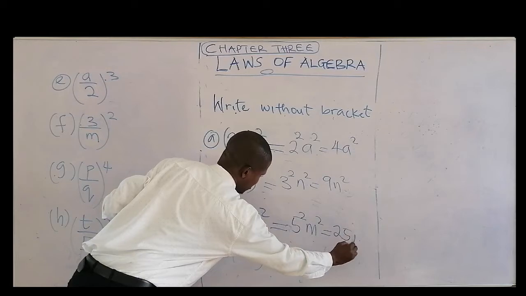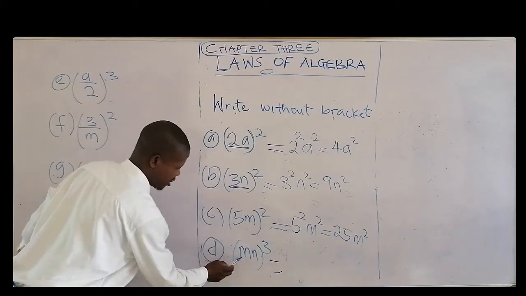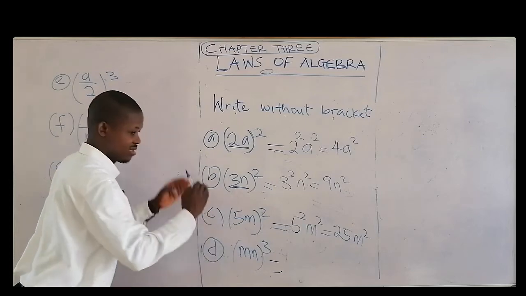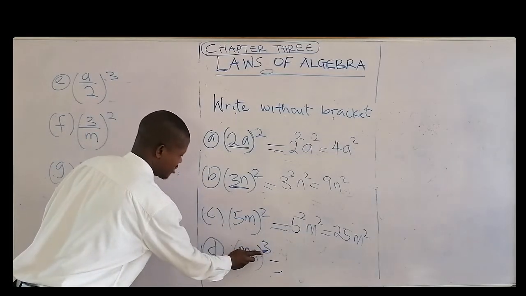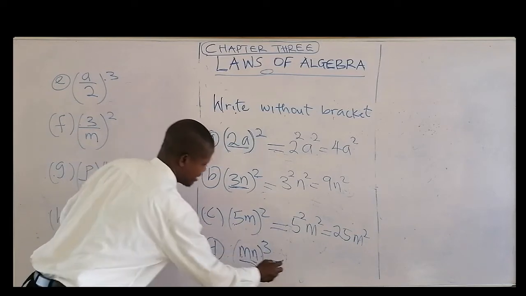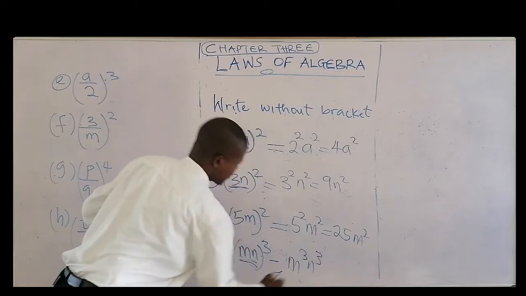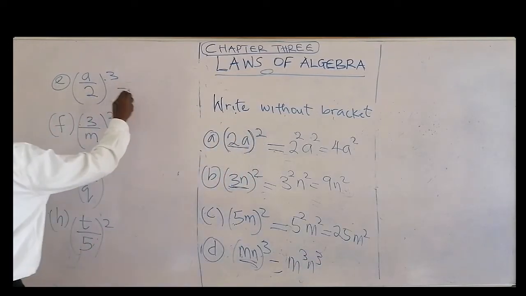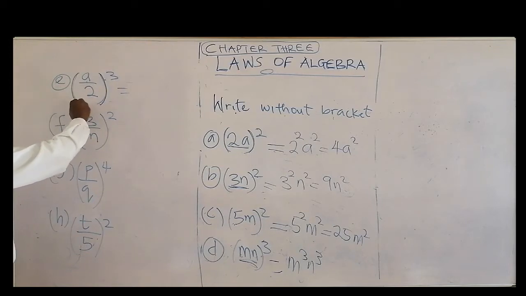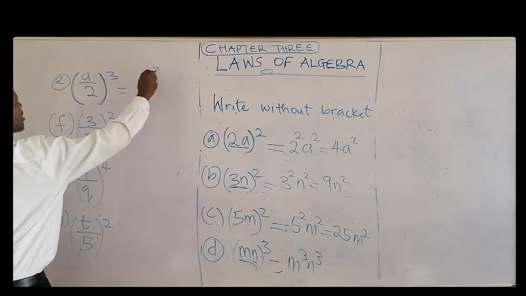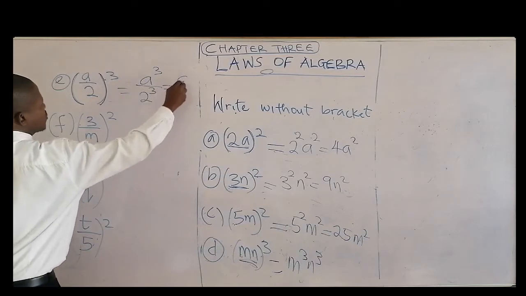That will be equal to 25n squared. The next one, you have a product of 2 items, all of them inside a bracket. The bracket will affect each of the contents, so this to the power 3, this to the power 3. The next one, you have a fraction inside a bracket. So it's going to be a to the power 3 over q to the power 3.